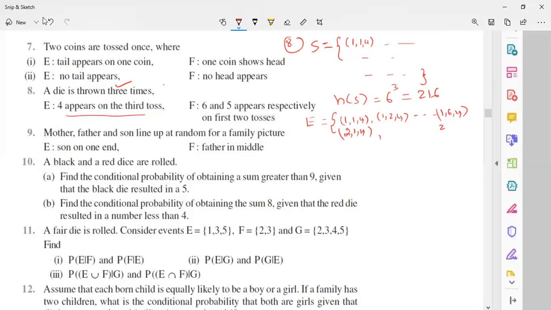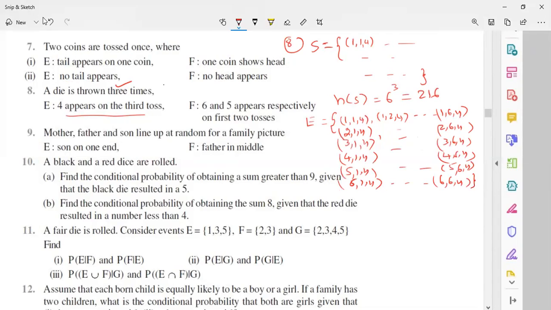Like this, 264, 314 to 364, 414 to 464, 514 to 564, and 614 to 664.